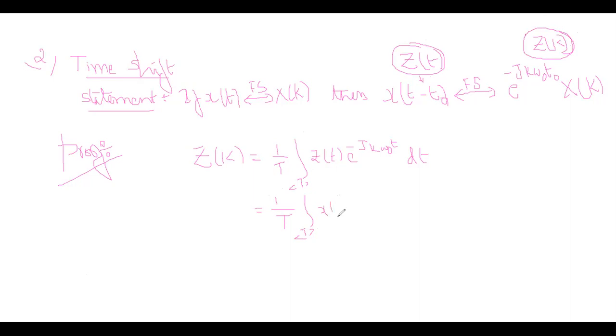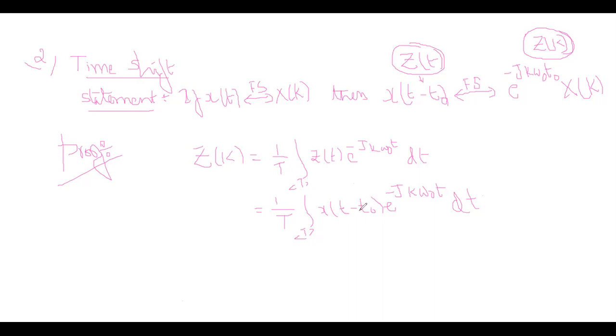So I am taking this as x of t minus t naught, e power minus jk omega naught t dt. How can you prove this directly? It is not x of t e power minus jk omega naught t dt, because instead of t here, t minus t naught is there.